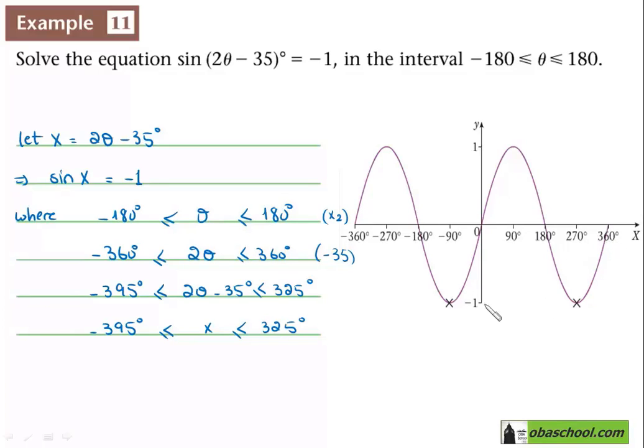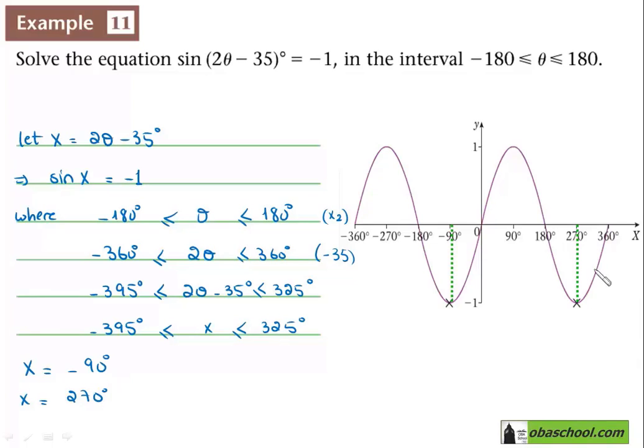Inside this range, we take the sine to be equal to minus 1 and we check which angles produce this value. The angles are minus 90 and 270 degrees. So, x is equal to minus 90 degrees or x is equal to 270 degrees.